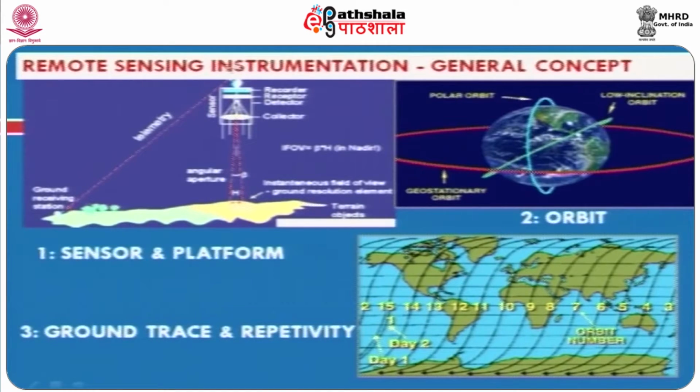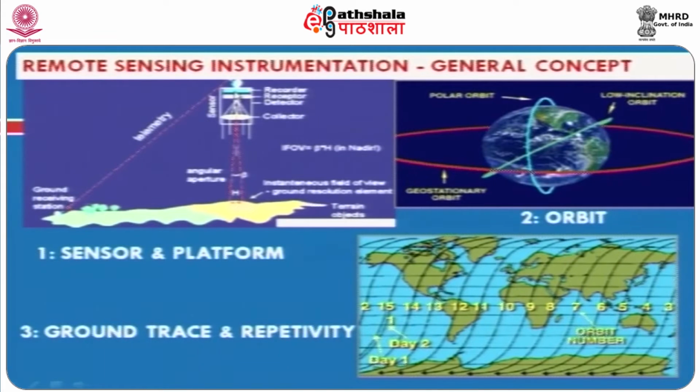In summary, let us see how exactly remote sensing instrumentation works. Energy falls on the surface and is reflected by the objects and collected. The satellite contains what is called a recorder, receptor or detector, and the scene is captured as an image, not as a photograph.